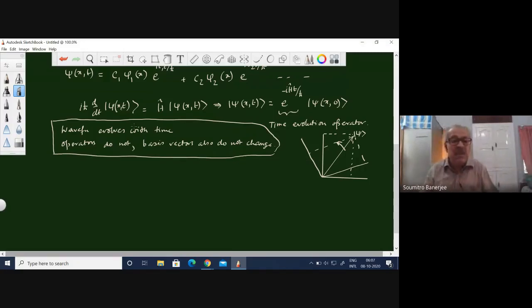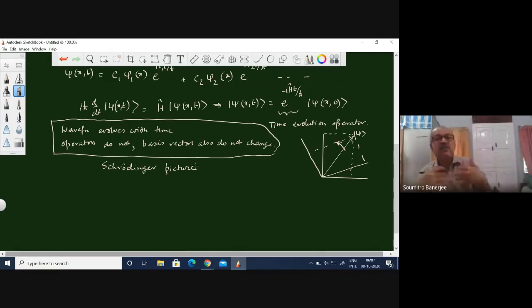This way of seeing it is called the Schrodinger picture, which we learned so far. This is something that Schrodinger showed us. We call it a picture. It is a way of picturing what is happening in the quantum domain. And we picture it as the operator stays put, the wave function evolves.